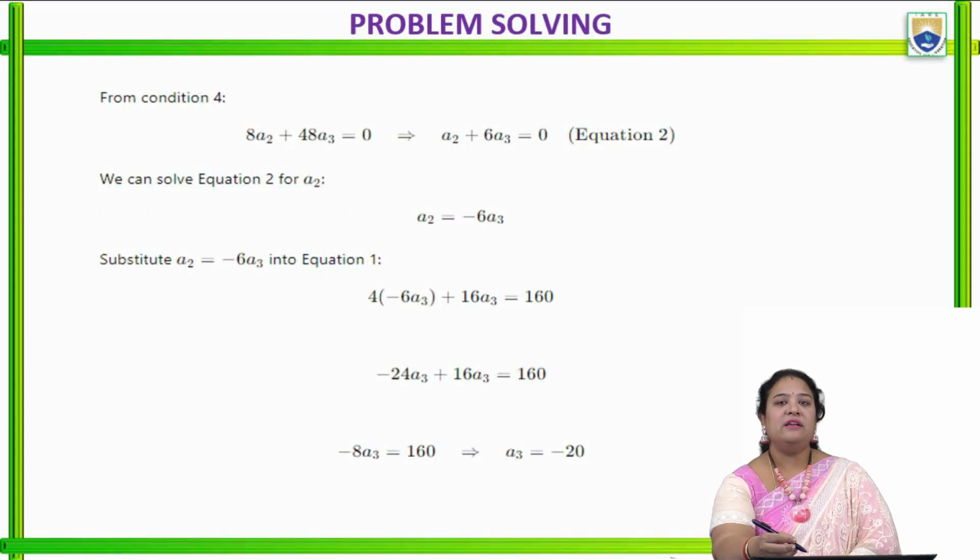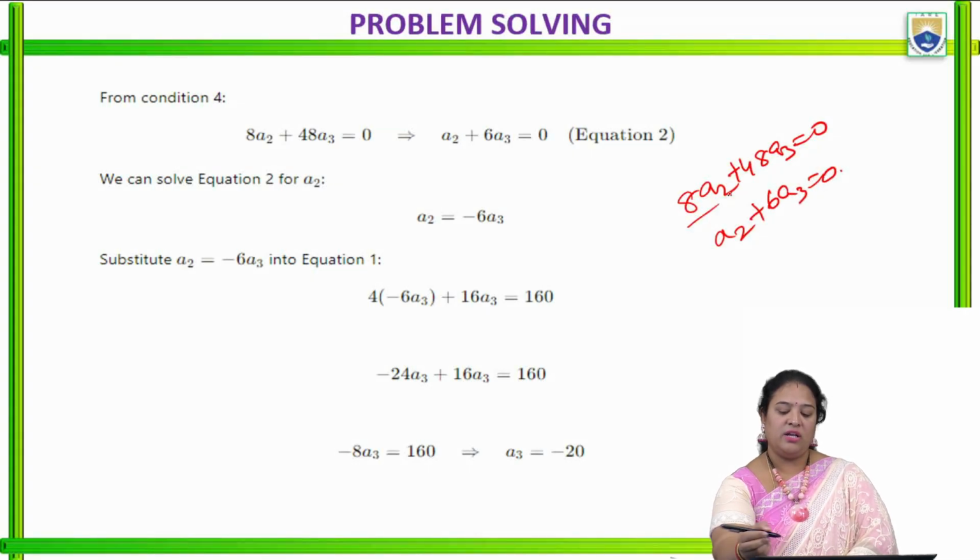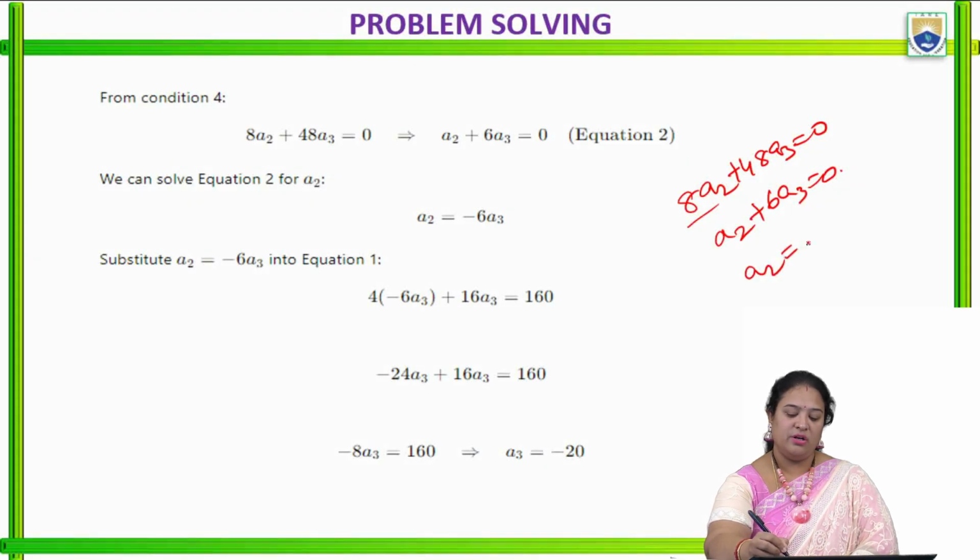So for the condition 4, we write 8a2 plus 48a3 is equal to 0, where it is a2 plus 6a3 is equal to 0, taking out 8 as common. So we solve for a2 is equal to minus 6a3.